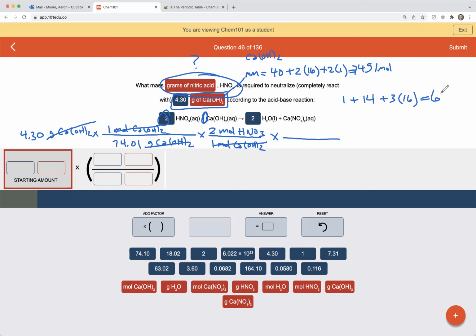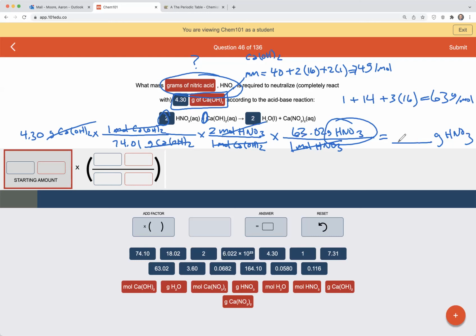I'll check down here to see if there's a 63 anywhere. There it is, 63.02, so that's the one I'll use in the scaffolding. Nitric acid has a molar mass of 63 grams per mole. Using that as a conversion factor, 1 mole of HNO3 has a mass of 63.02 grams of HNO3. So my units of moles of HNO3 cancel, and I have the desired units: grams of HNO3.